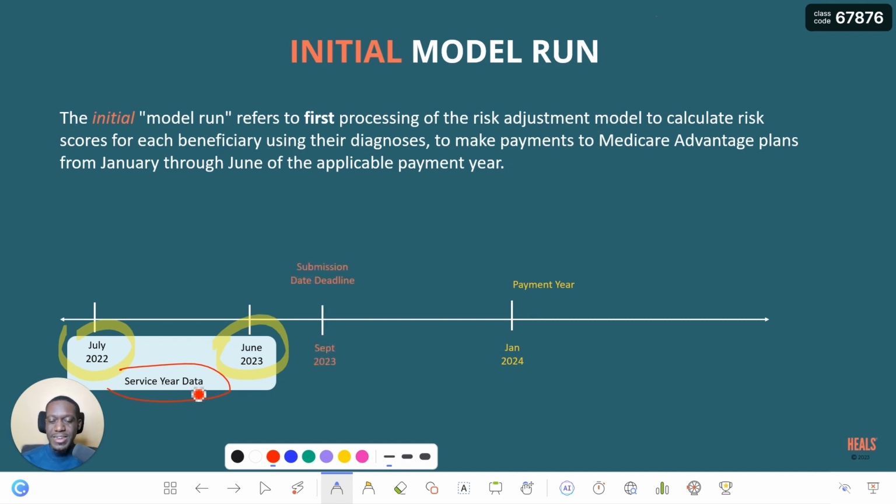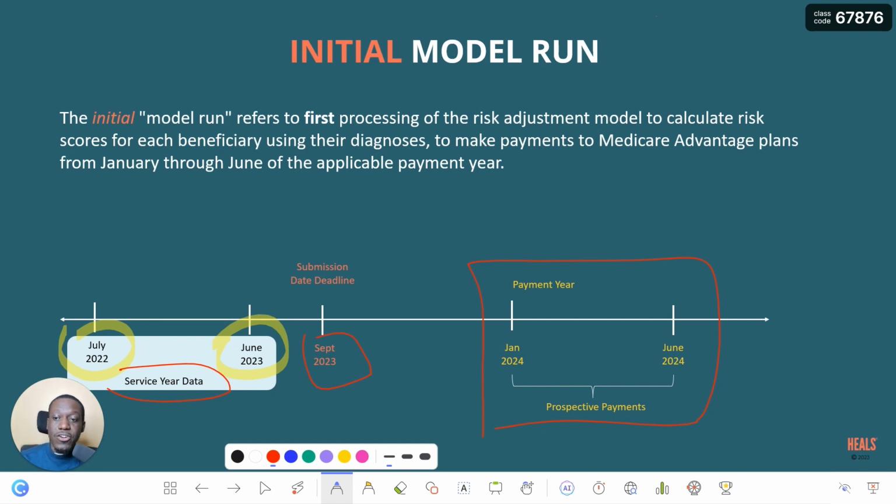And in addition to that, the deadline for plans to submit data that will be included in calculating risk score for payment year 2024 initial was September 2023. So for data to be included for the payment year 2024 initial, which is used to make prospective payment between January and June, the data should have been submitted by September 2023, and the deadline was in the memo before.